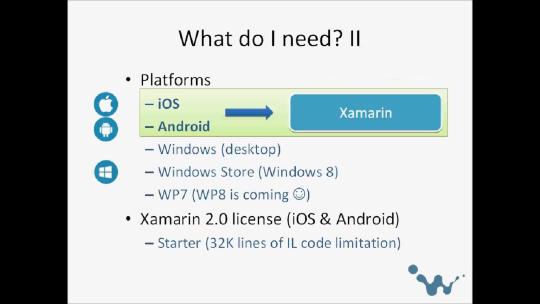They call this the Starter one, which allows you to publish your own games or applications made for iOS or Android for free, as long as your IL code is under 32,000 lines. So maybe this is an option if you want to make a small project. You don't have to pay either a WaveEngine or a Xamarin license.